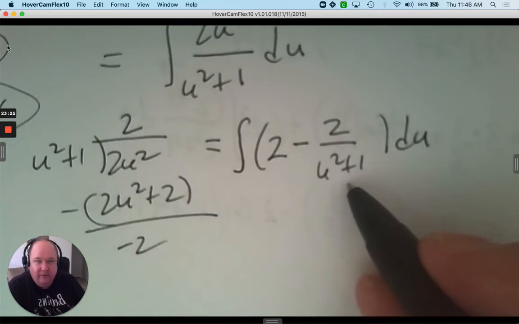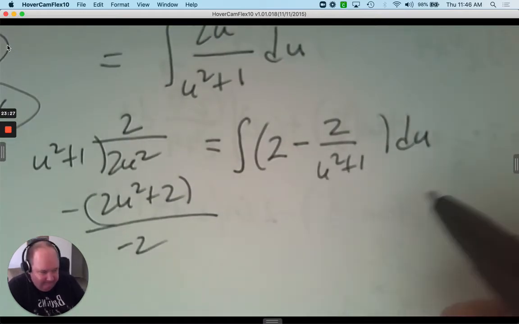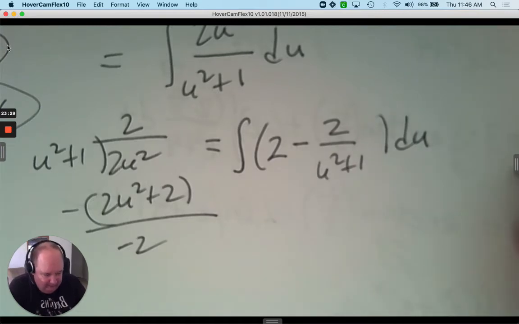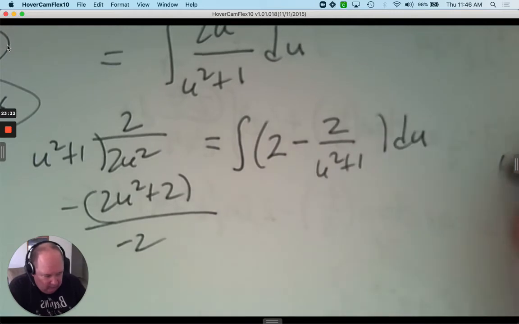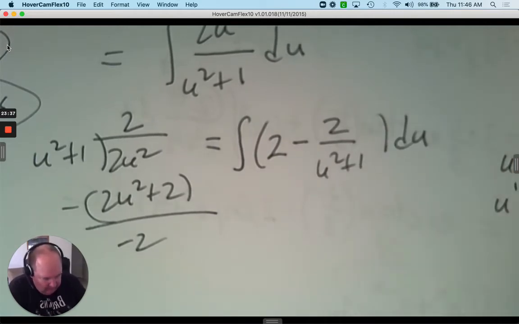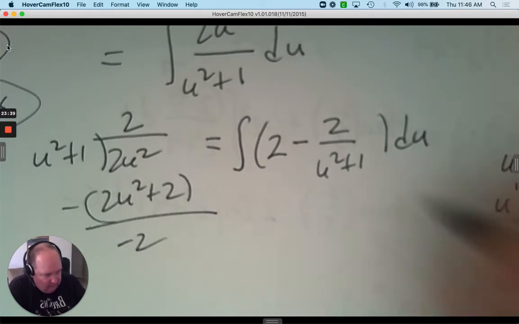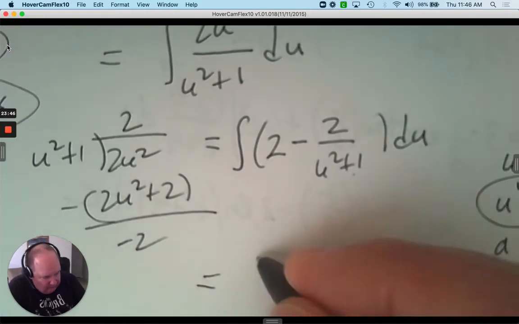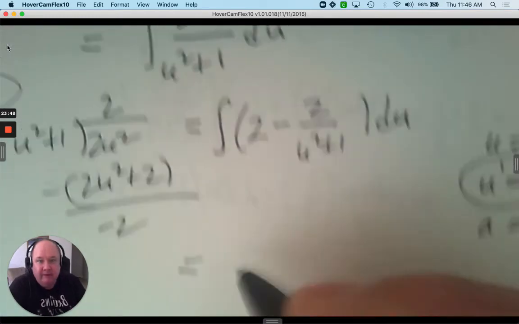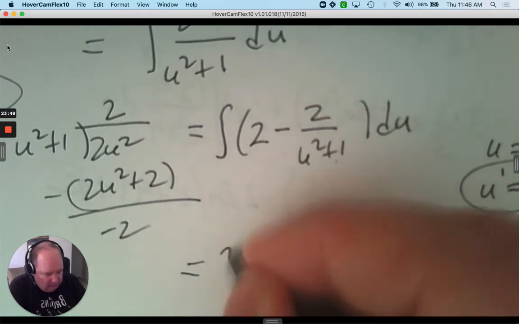This is arctangent. So on the side, it's going to be a little confusing because we're using u, but the square root of u squared is u, and the derivative of that is 1, and a is the square root of 1, which is 1. So look at the hook in the numerator. So we'll write it properly. The antiderivative of 2 is just 2u.